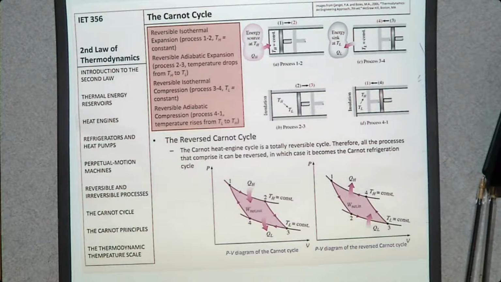When we have a heat engine, the ideal heat engine is called the Carnot heat engine. When we have a refrigeration cycle, the ideal refrigeration cycle is going to be the Carnot refrigerator. When we have a heat pump cycle, the ideal heat pump cycle is called the Carnot heat pump cycle.